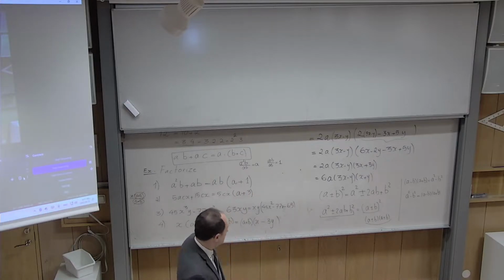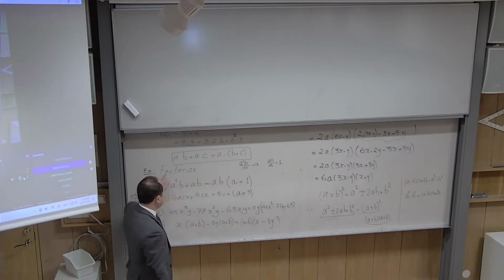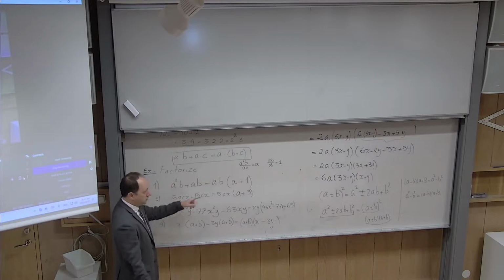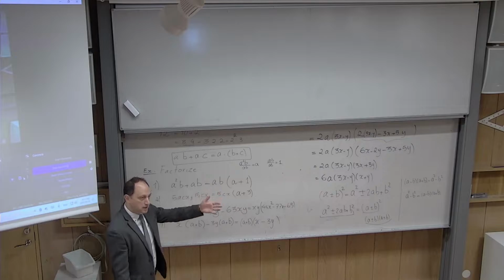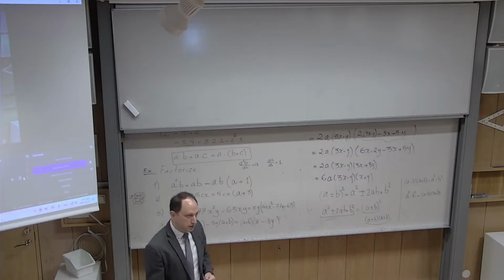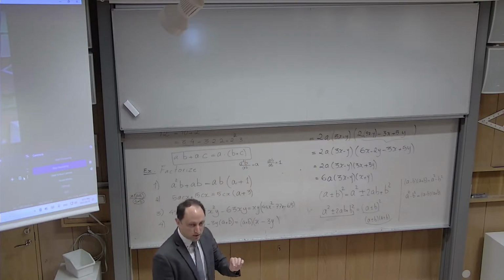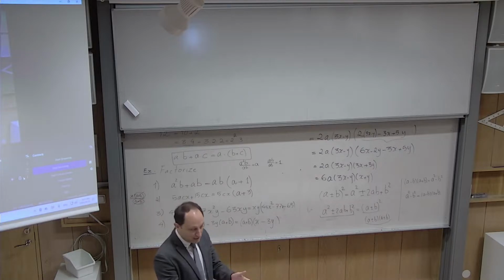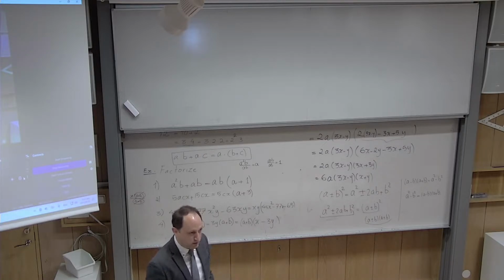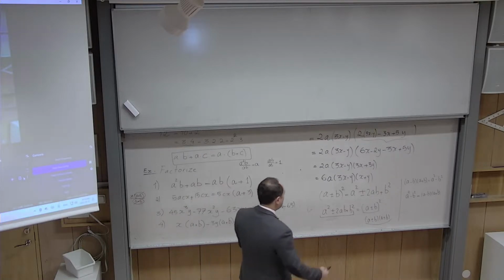Okay, so have this in mind. This factorization method that we just learned has priority over any other methods that we will learn in the future. Whenever you can do this, do it, and then think what you can do with the rest. Okay, this is important to have in mind.